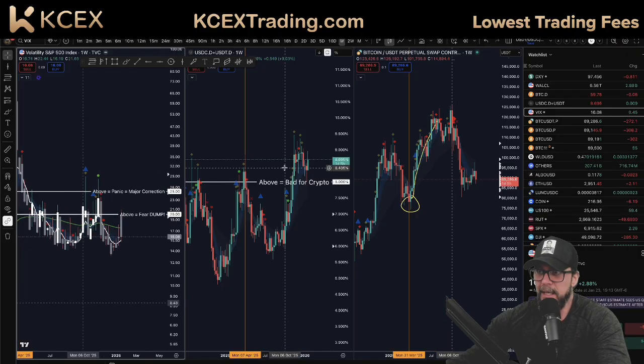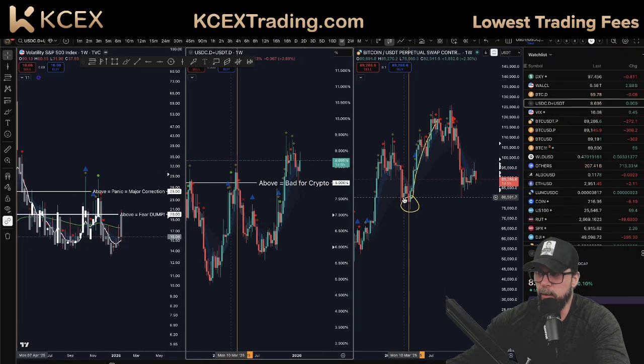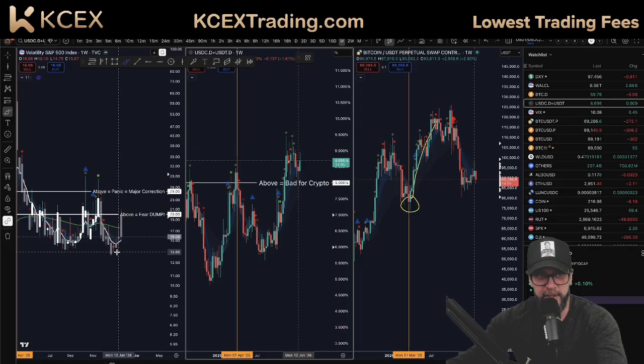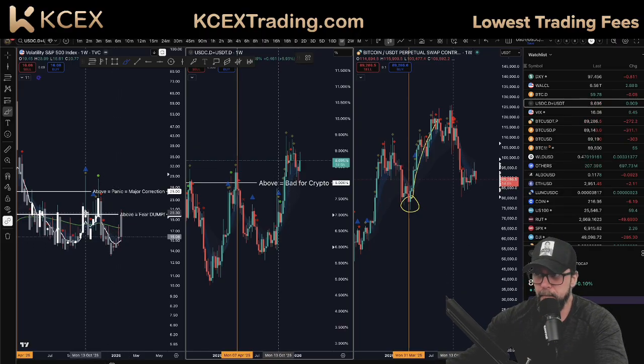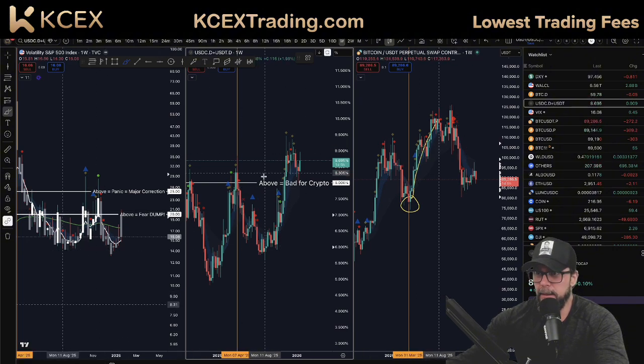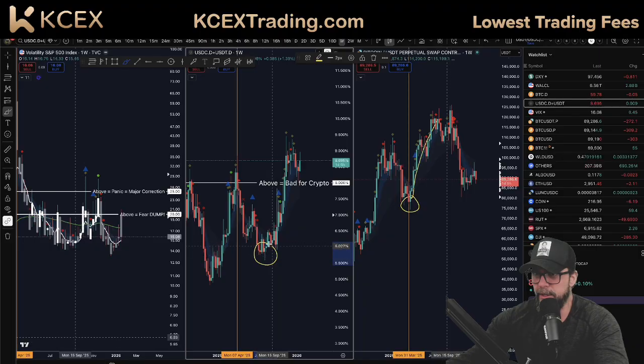You can see even on this latest move for Bitcoin, this latest dump from the all-time high, you can see that right down here, you were below 20, but you were headed up. Okay, anytime you're headed up, that's bearish for crypto. So you're down here, right down here on the USDT chart.